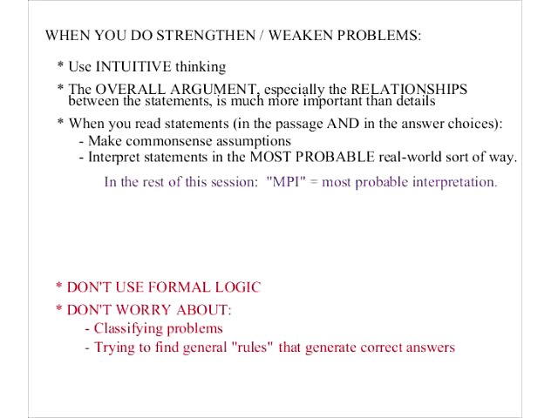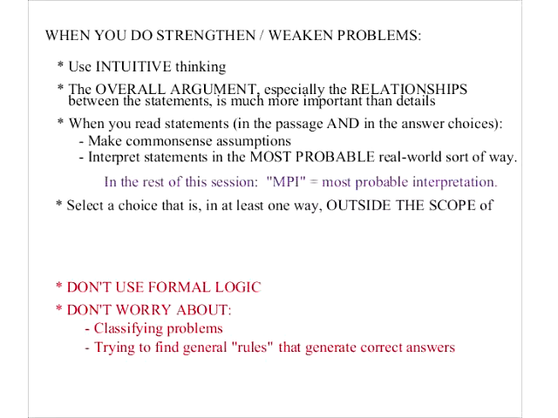You actually have to select a choice. If something is the correct answer, it will be outside the scope. Select a choice that is in at least one way outside the scope of the argument. You need a choice that is outside the scope of the argument.